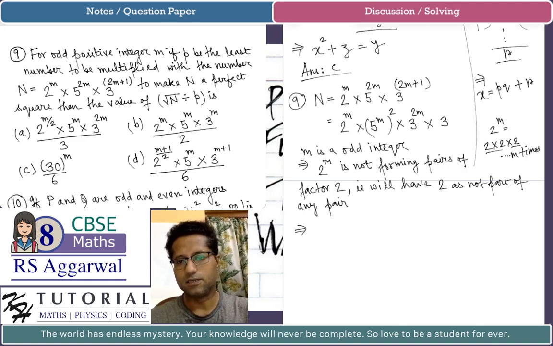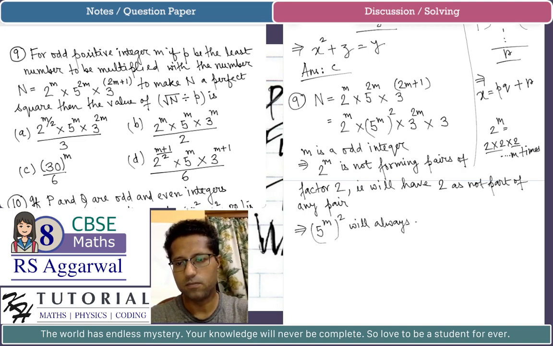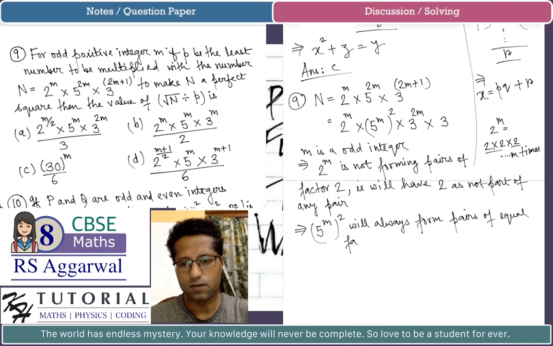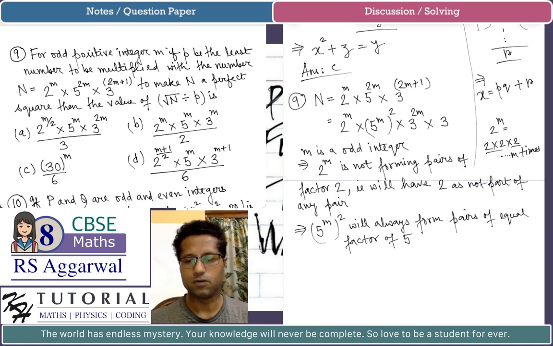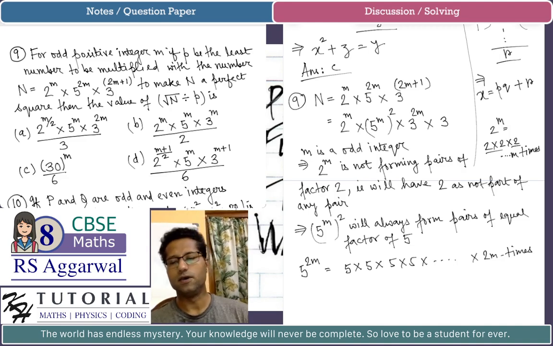Also, 5 to the power 2m, even though m is an odd integer, will always form pairs of equal factors of 5. 5 to the power 2m is equal to 5 multiplied by 5 multiplied by 5, this way up to 2m times, and 2m is an even integer.